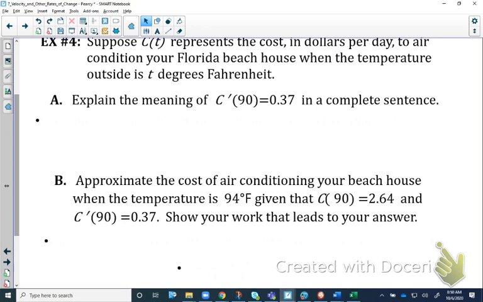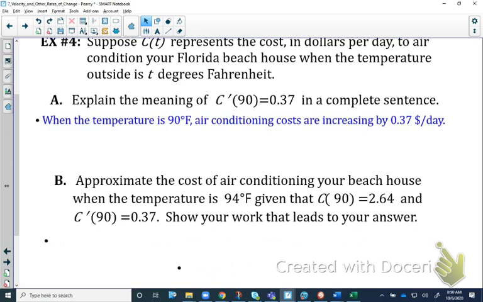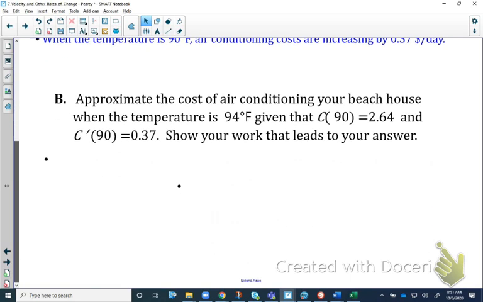So hopefully you've got your answer, and here's what I wrote, to see if they say the same thing. When the temperature is 90 degrees Fahrenheit, the air conditioning costs are increasing at a rate of 37 cents a day, which doesn't seem like a lot, but it can add up quite a bit.